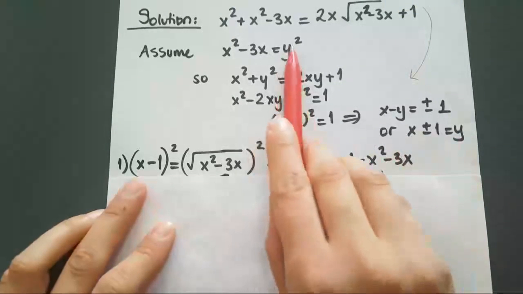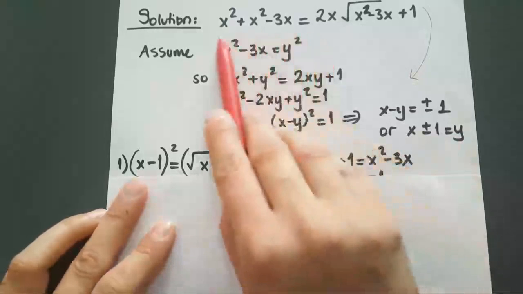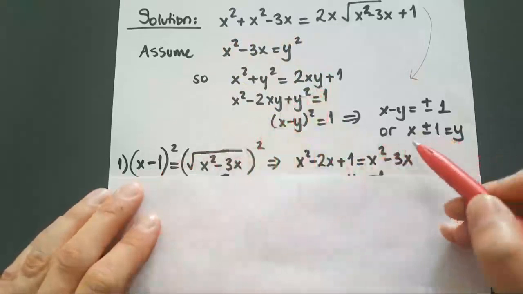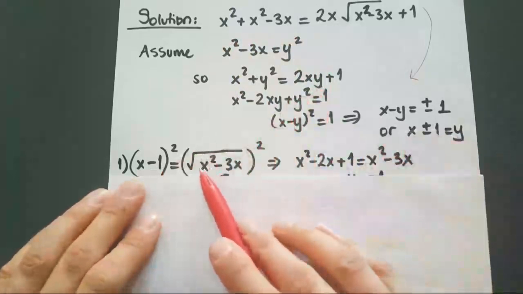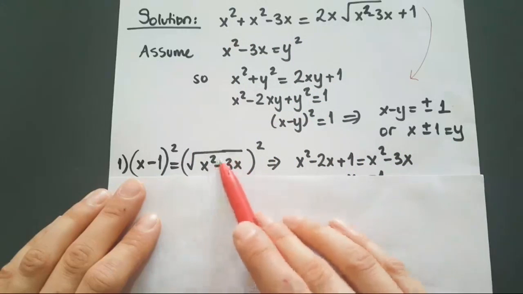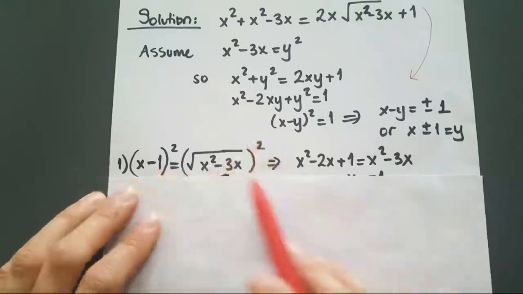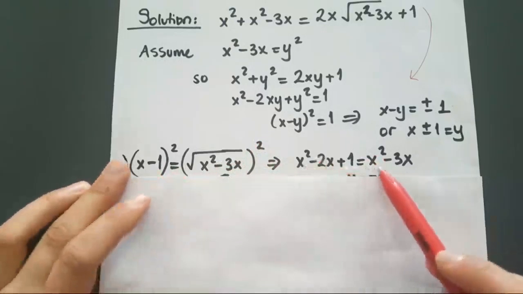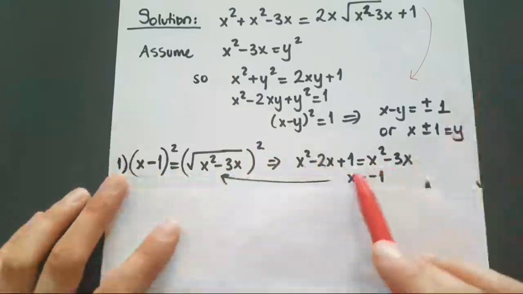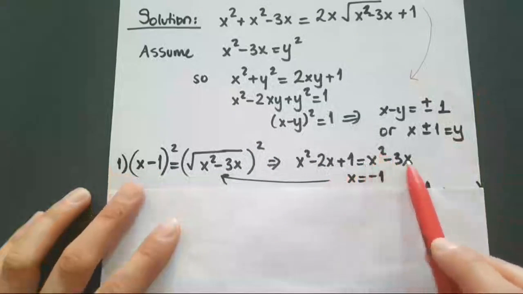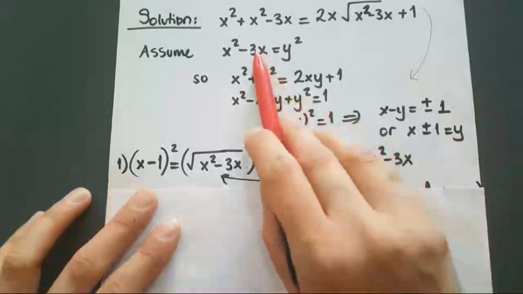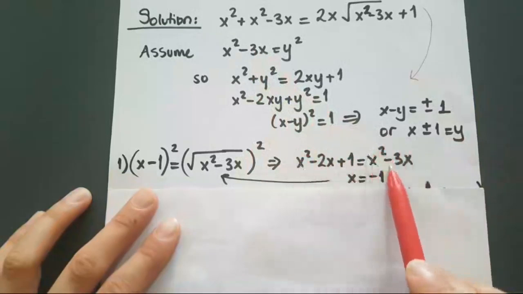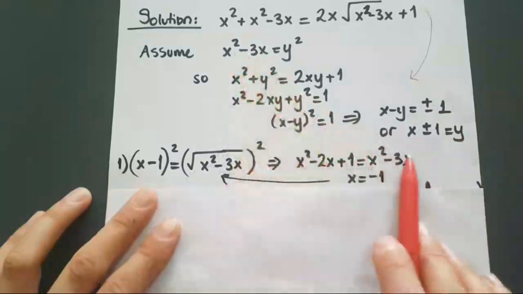If y is equal to x minus 1, I go back and substitute the values in this equation. x minus 1 squared is equal to x squared minus 3x. When you solve this, you will get the quadratic x squared minus 2x plus 1 equal to x squared minus 3x; I just changed the sides.